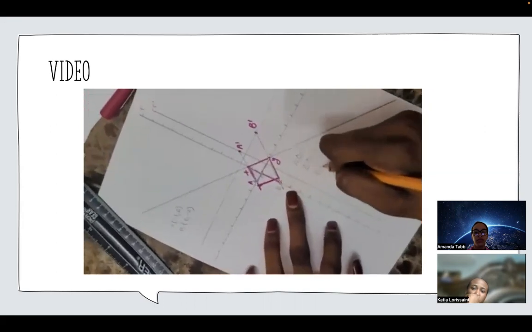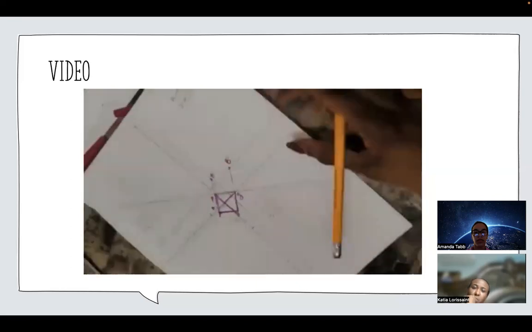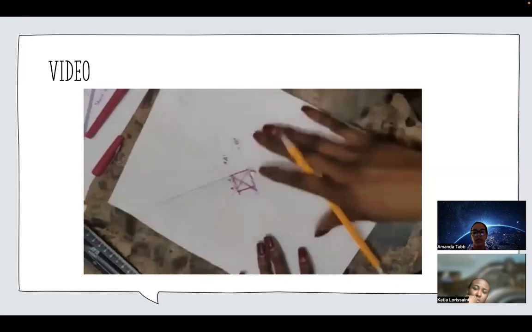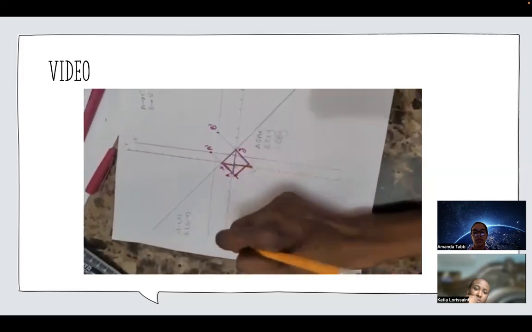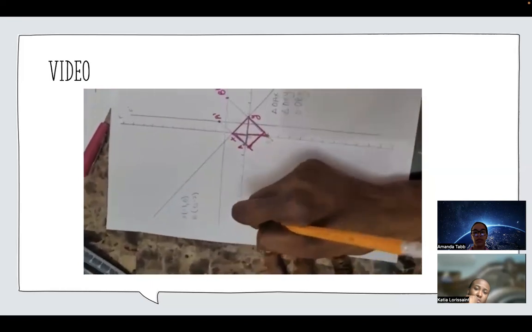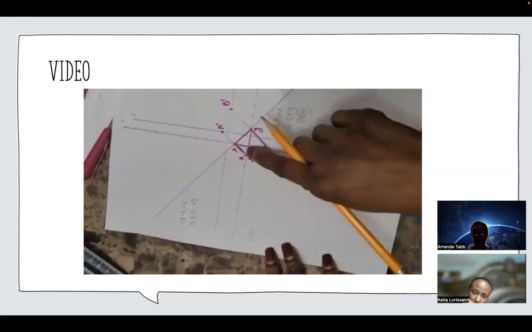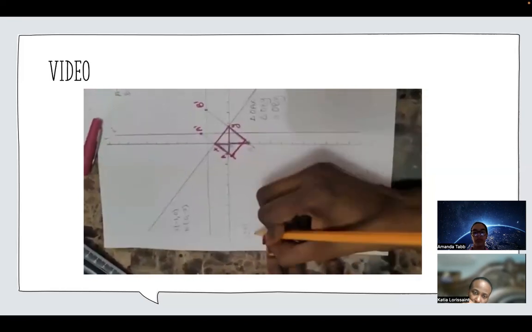Triangle OBY. Now, since we have similar right triangles, we can set up proportions. We are going to set up the proportion as the absolute value of OX, because since we are dealing with side length, they must be positive, and the absolute value of any number is always positive.